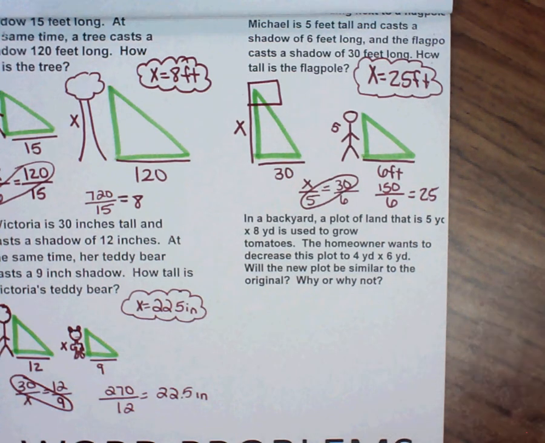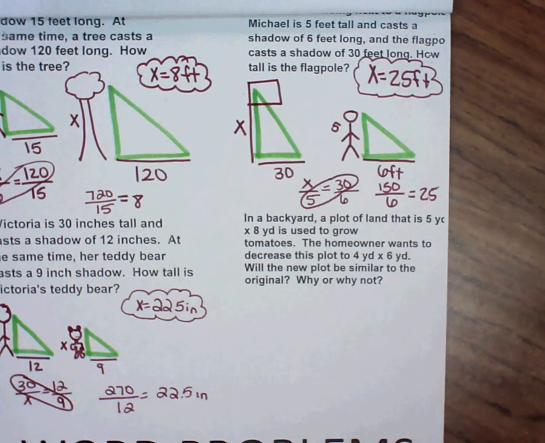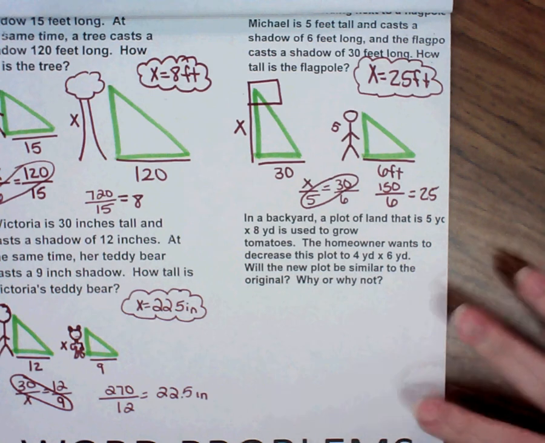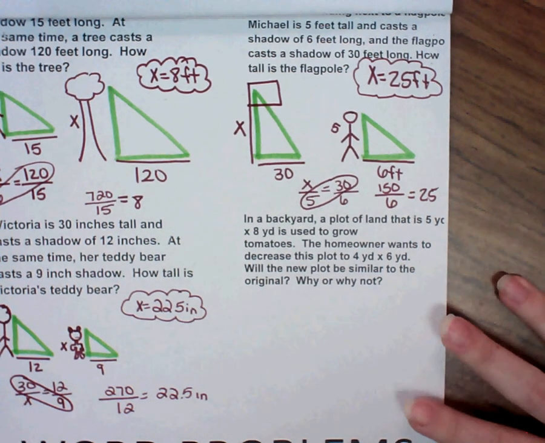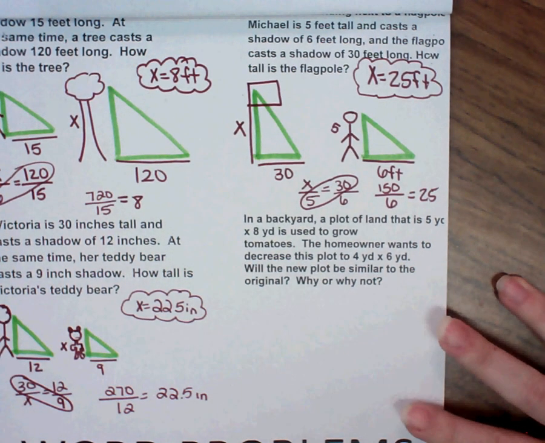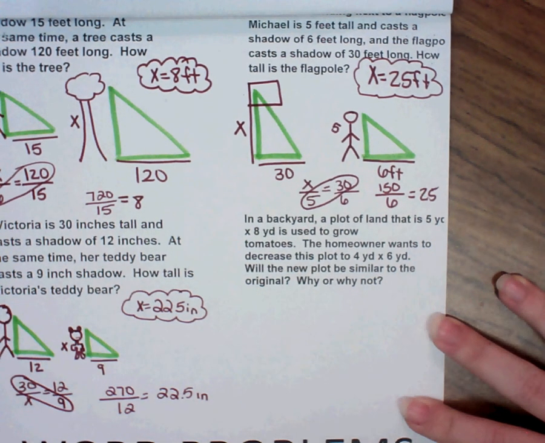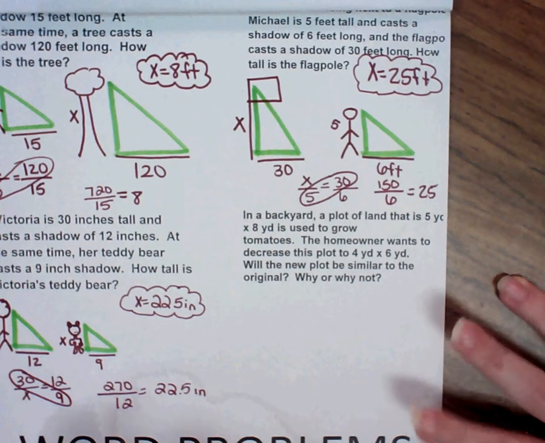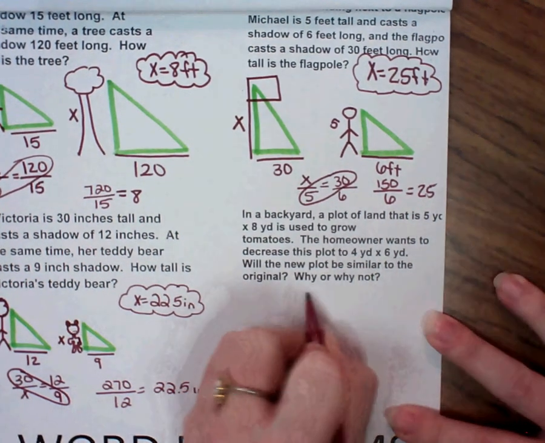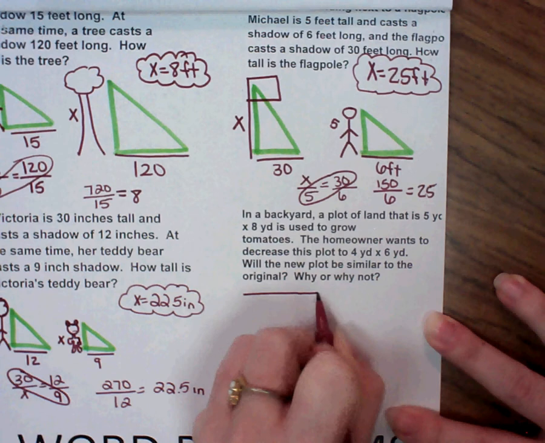And then our last one says, in a backyard, a plot of land that is 5 yards by 8 yards is used to grow tomatoes. The homeowner wants to decrease this plot to 4 yards by 6 yards. Will the new plot be similar to the original? Why or why not? So let's first draw our original plot.